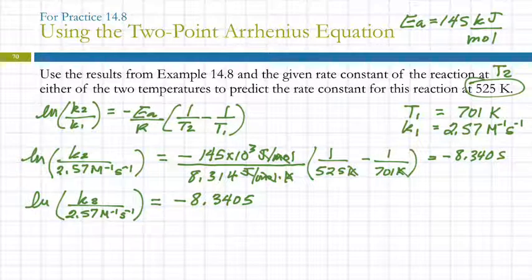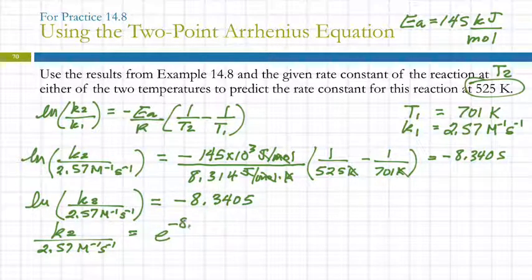So how do I get rid of natural log? E to the x, right? So K2 over 2.57 is going to equal e to the minus 8.3405.